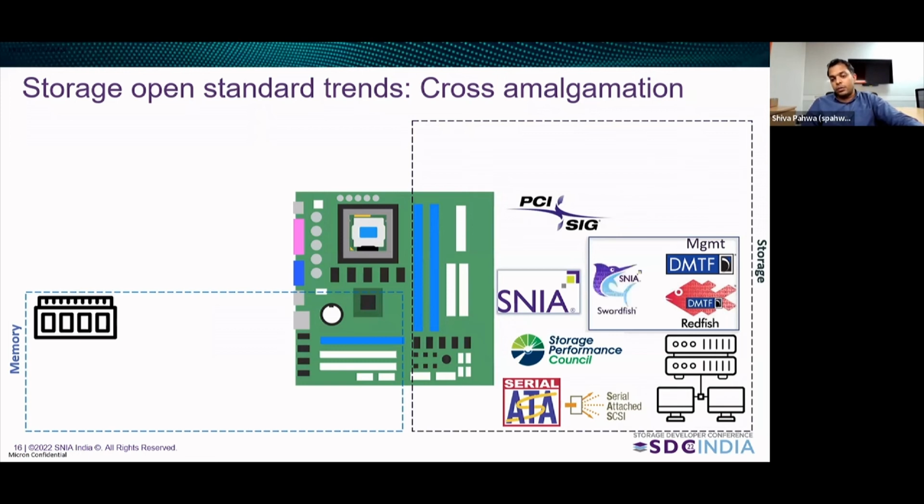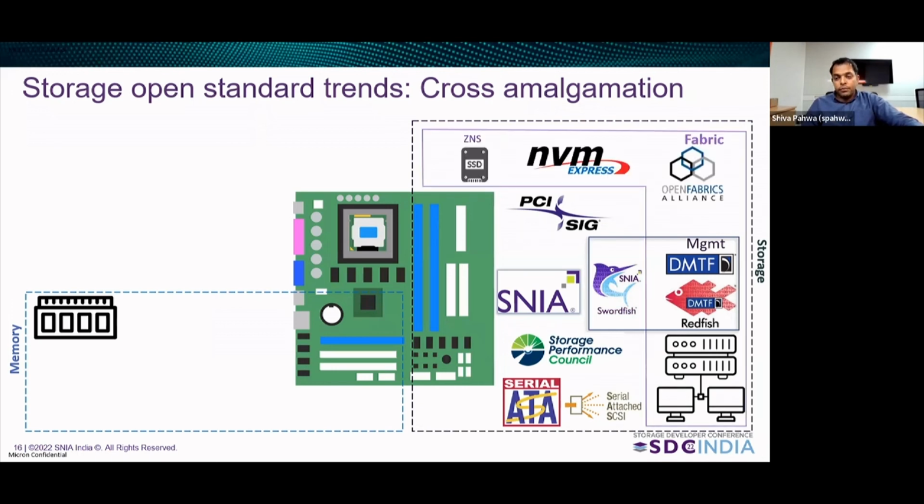And then Swordfish came along for doing further storage-specific management requirements. Then came Fabric, in which NVMe over Fabric, DMTF became a part of it because distributed management was needed. ZNS is taking shape inside NVM Express, where we would be able to directly manage certain zones in the device for particular application workloads.